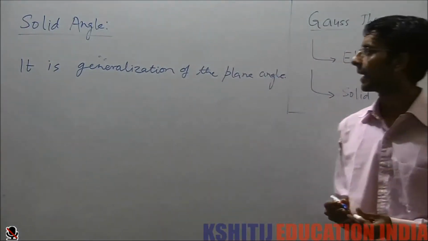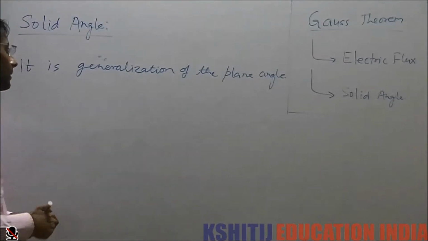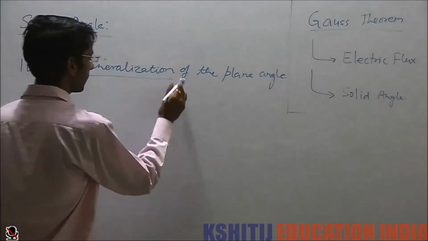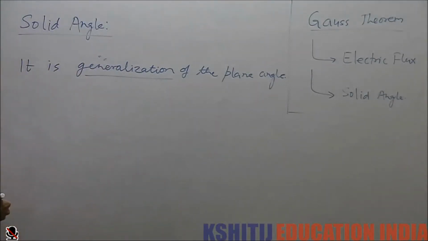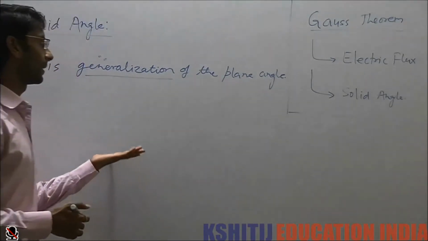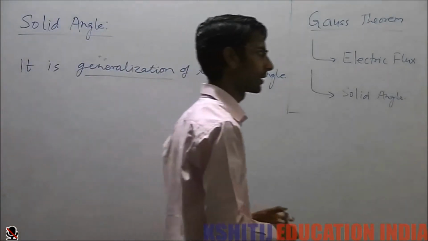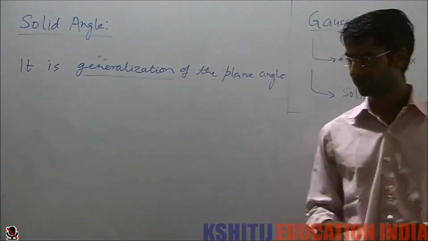And if we can generalize that plane angle to one more dimension, including one more dimension, that generalization will be the solid angle. How can one go for the generalization? Let's talk about it.